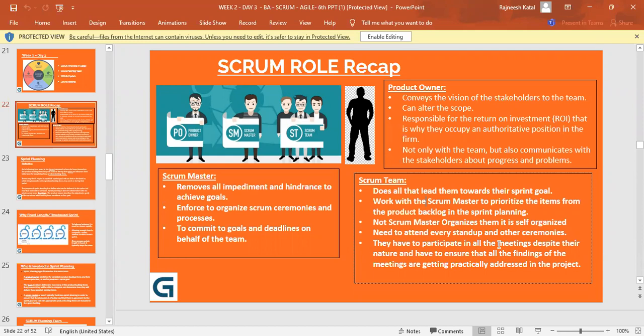Whereas the development team, yes, because try to understand, if you're working on a project, you are the hardcore team who will develop, who will create, who will make things. Then you should know what is happening in that project, right? You should know what the requirements are. You should know what the ask is. You should know what the timelines are, and by when you should be able to complete it. So it is as simple as that, that you are working on something on your own, that your delivery matters. So that is why for the Scrum team, it is just mentioned, they do everything that leads them towards achieving the sprint goal.